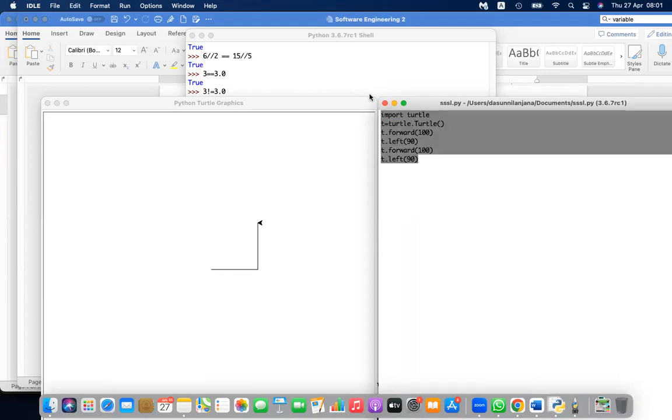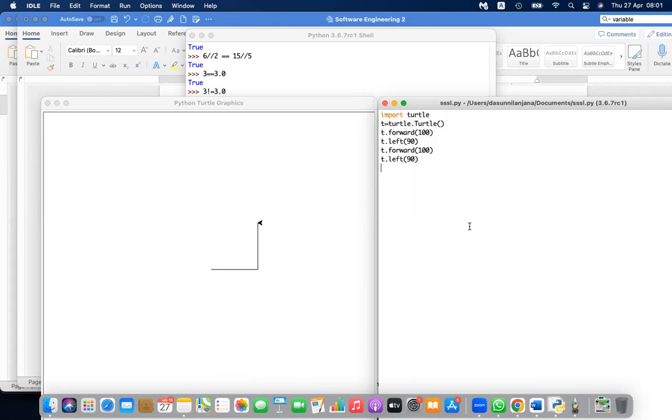You have to write the full code to get something to appear on your screen. Okay? Just give a try to create a house using this code. Capital turtle, there's brackets. Bracket open, bracket close.